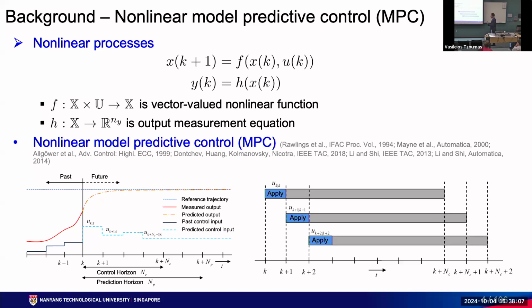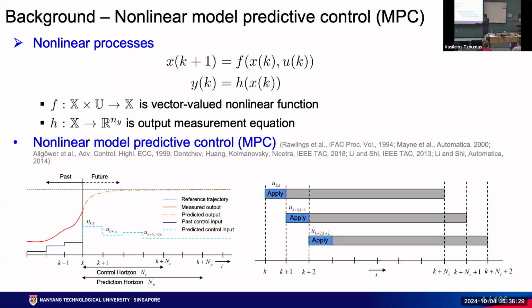And for chemical process engineers, at least from a theoretical point of view, nonlinear model predictive control is a natural choice. And I believe most of you are familiar with these two illustrative graphs. MPC forecasts what will be happening in the future.